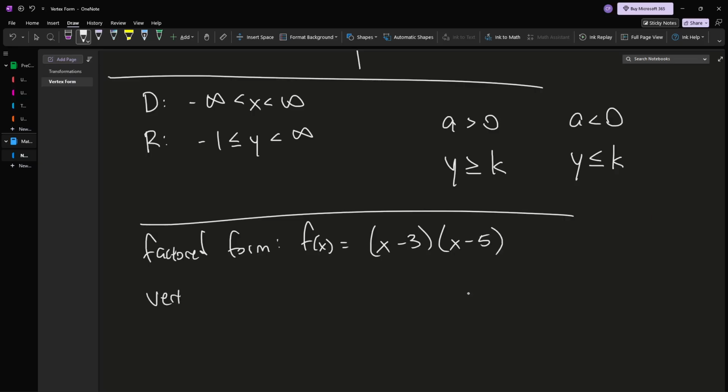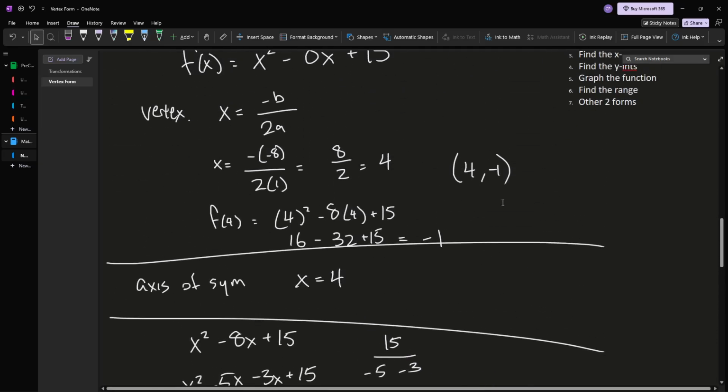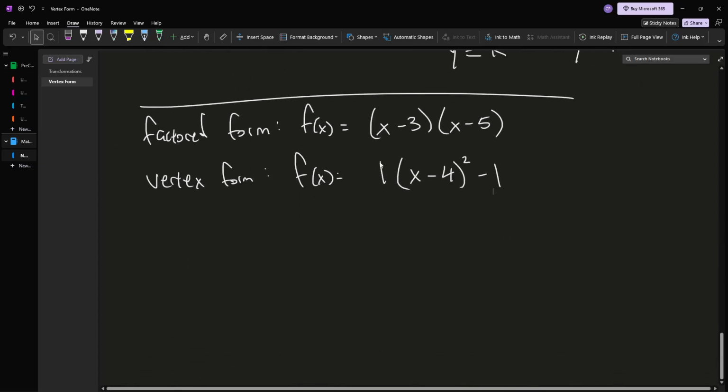My vertex form, what did we need? We need my vertex and my a value. f(x) = 1(x - 4)^2 - 1, because my vertex is positive 4, negative 1, and my a is positive 1. You don't need this a value there because multiplying by 1 doesn't really do anything. So both answers are acceptable.